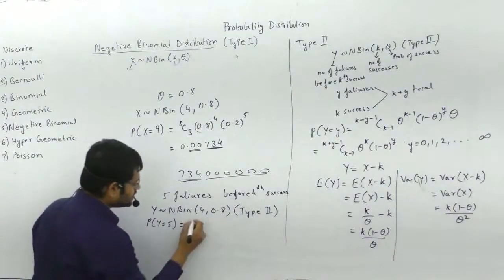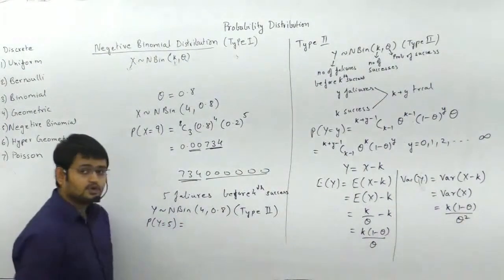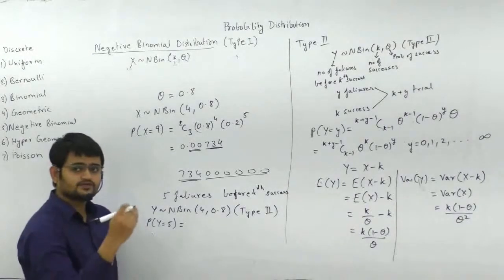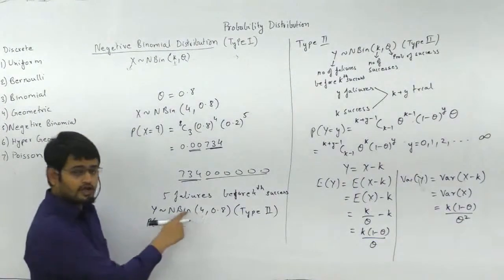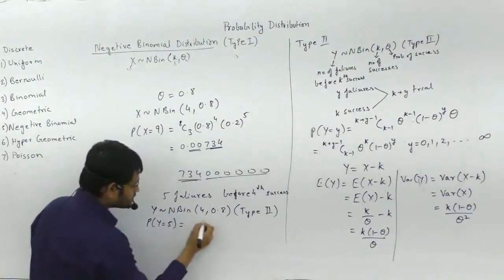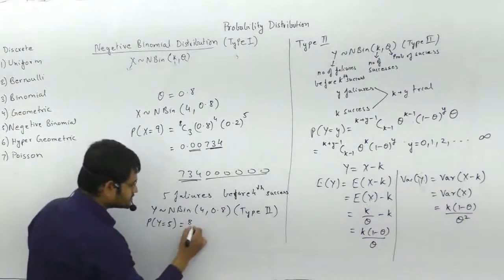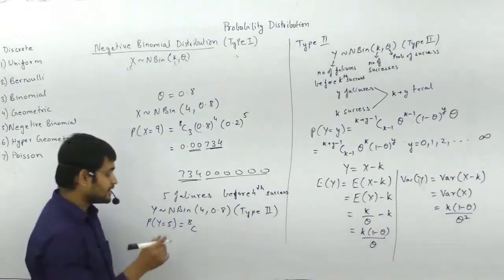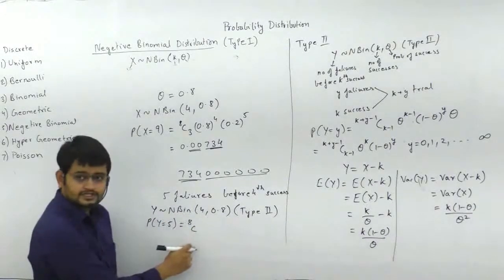That would be nothing but, now for type 2, we have the formula as x plus y minus 1. Our x is 4, y is 5. So we'll have x plus y minus 1, that is 8, C, we'll have not x, k, so C, k minus 1.